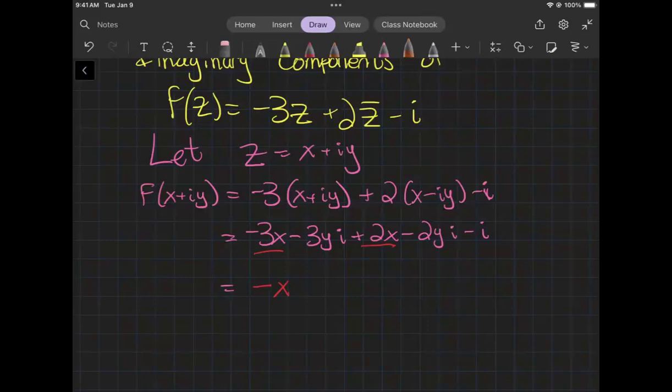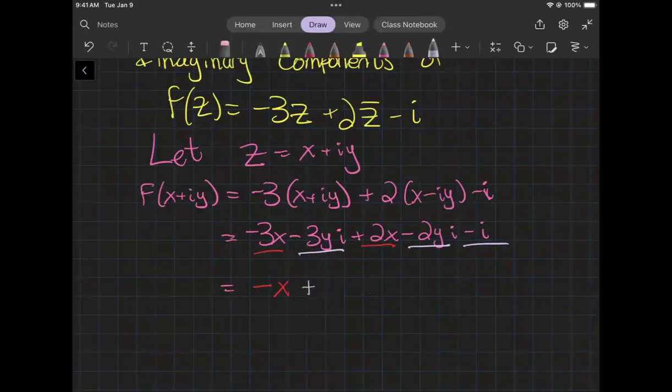The imaginary component would be these values here, right? So minus 5y minus 1 times i. Oops.